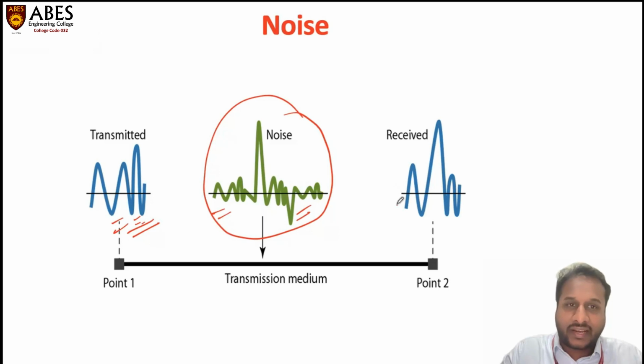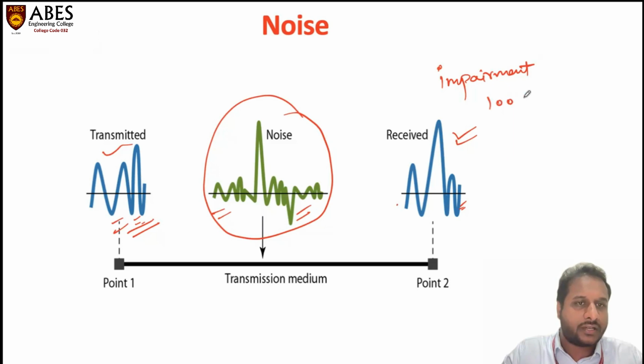At the receiver end, we need to reduce the noise to get the actual data. We can say that transmitted data and received data are different, and that is because of noise. When there is noise involved, there is always impairment. We need to refine it, but we cannot achieve 100% accuracy.